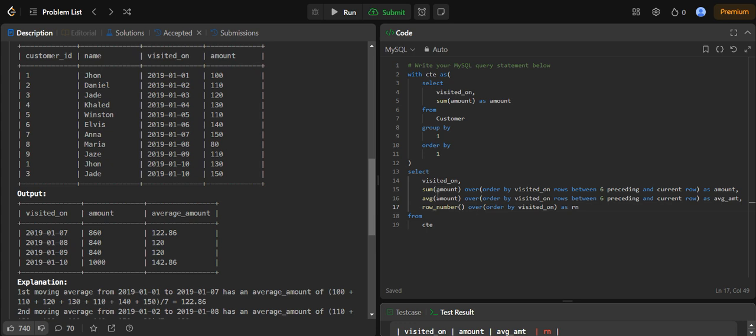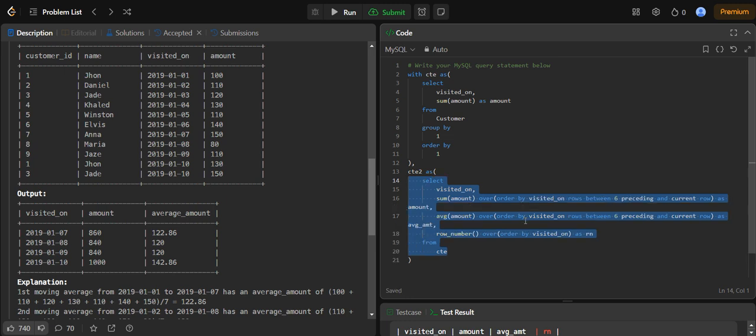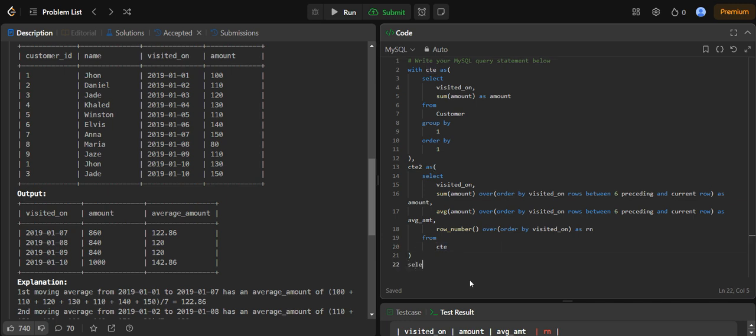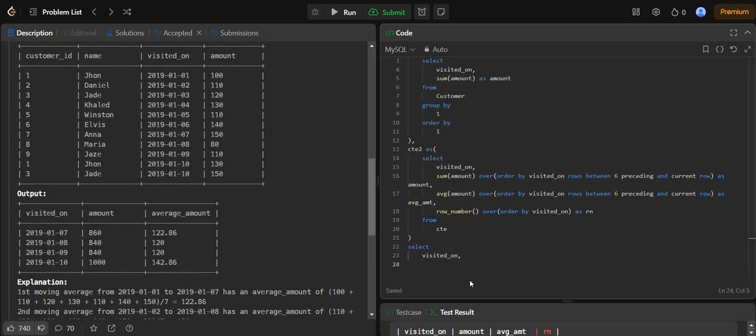So I will put this query inside another CTE. I have put this in another subquery. Now write the final query. Select visited_on, then the amount.